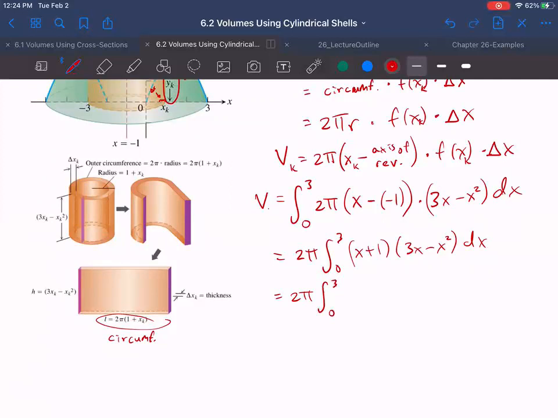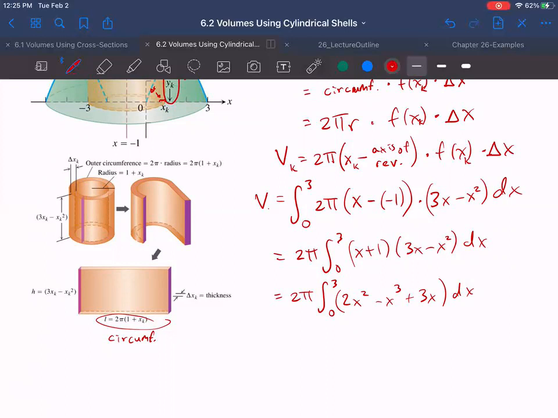This is 3x squared, and then minus an x cubed, and then plus a 3x, and then minus an x squared dx. So this becomes just a 2x squared dx. Does that look right? 2x squared minus x cubed plus 3x. Yeah, I got that before.